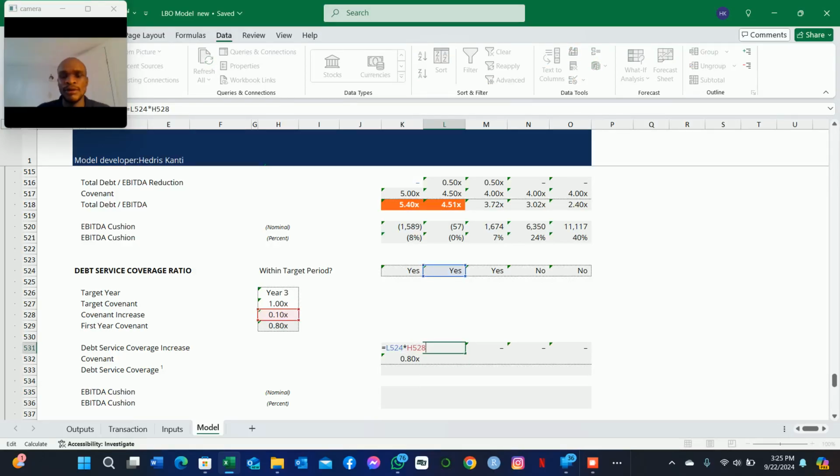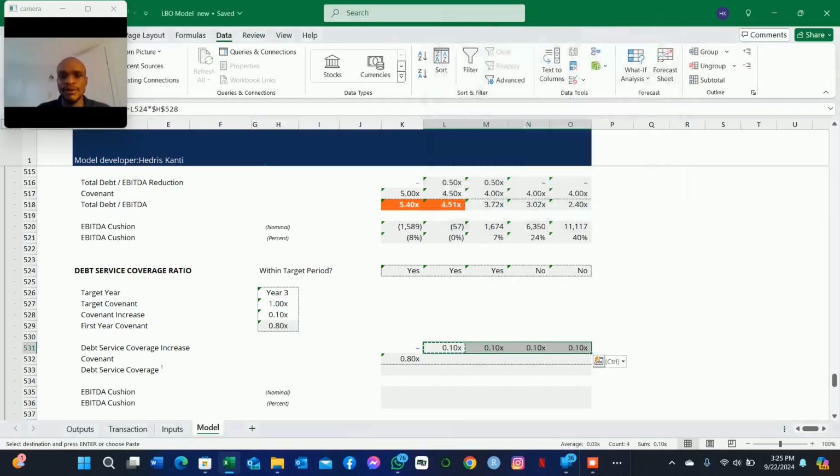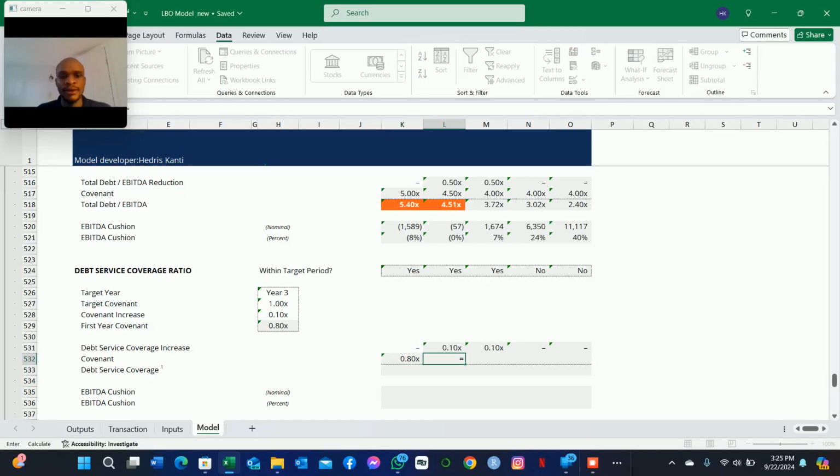Make sure that we are always referencing the 0.1 times so that we can copy and paste as formulas. Going forward, this is equal to the covenant for the very first year, and then we increase it by 0.1 times, so we can copy. You see, by the end of year 3, we are within the covenant of 1 times.